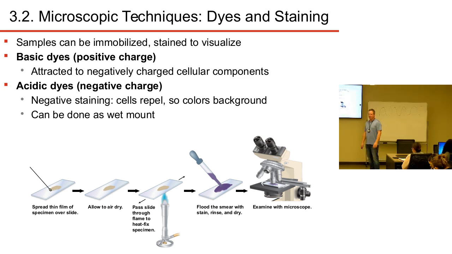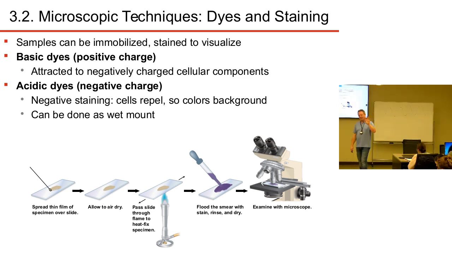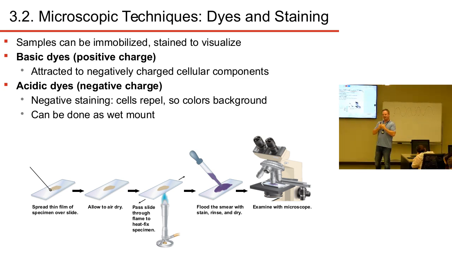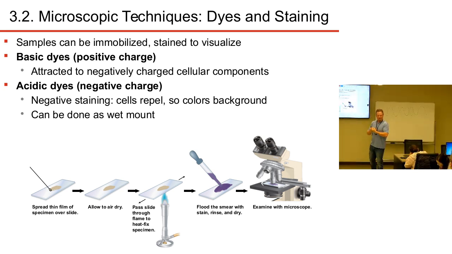What is negative on a cell? The phospholipid bilayer has a negative charge. The outside of the phospholipid bilayer has a negative charge to it, so these positively charged basic dyes will attach, right? Opposites attract. Positive and negative attract each other. And so they're really good dyes at staining the exterior of a cell.